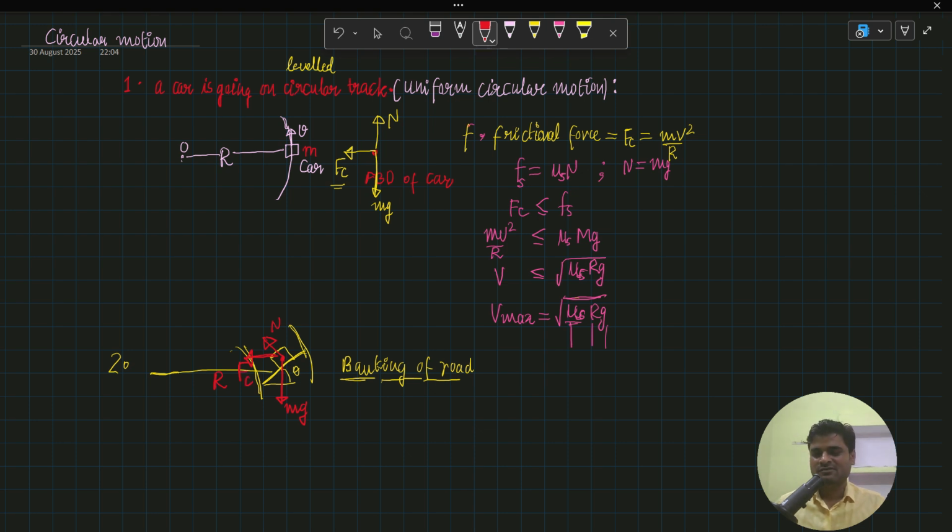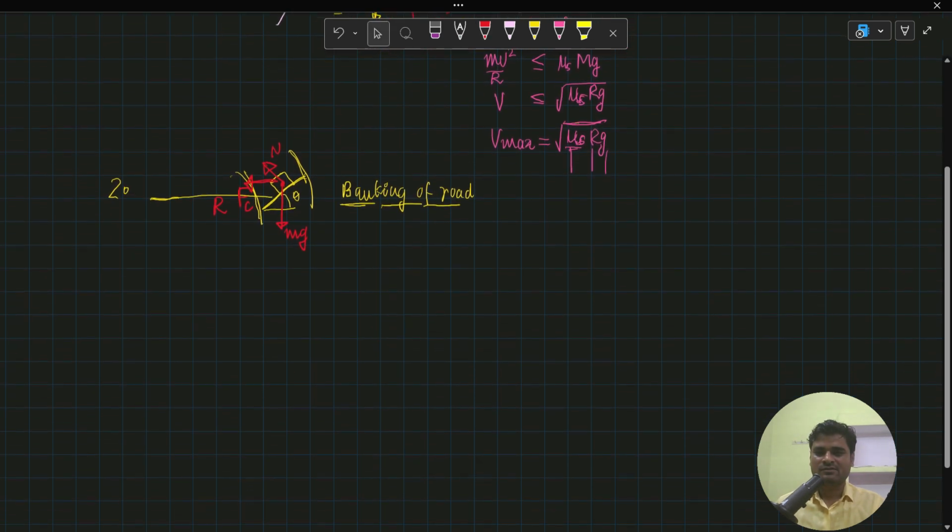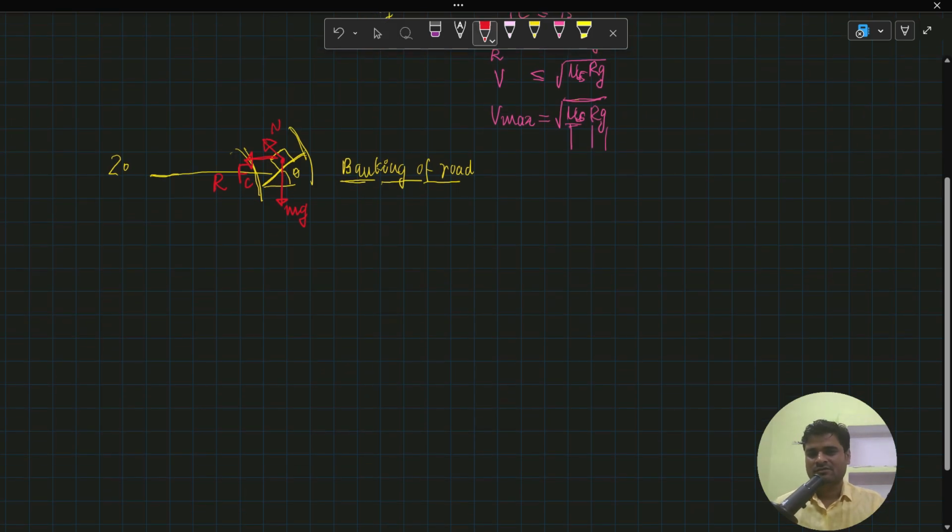So we draw the free body diagram of the car like this: mass of the vehicle is m, the normal force is acting perpendicular to the bank, the radius is r, and this angle is theta.